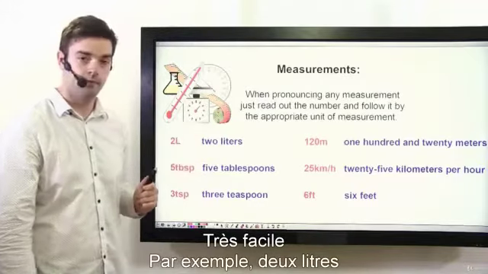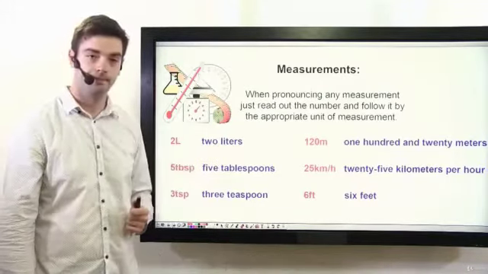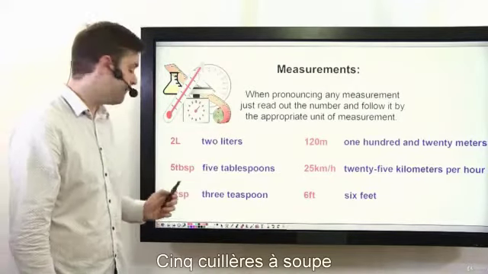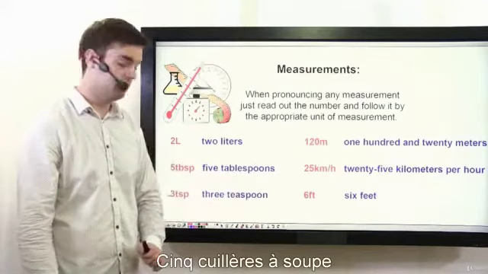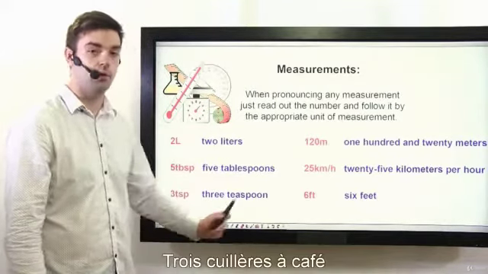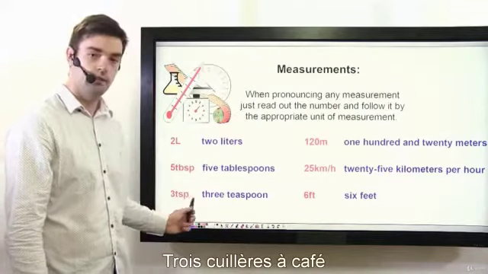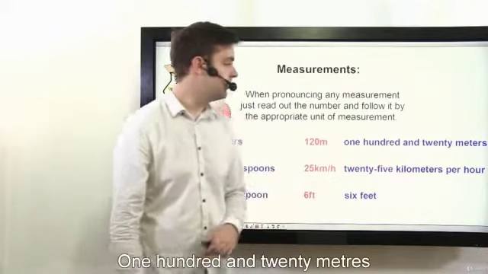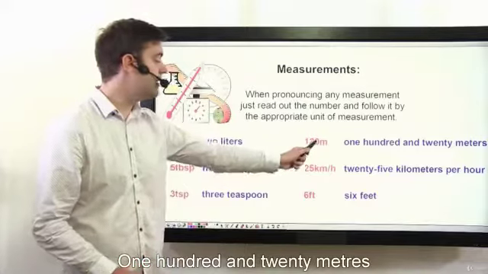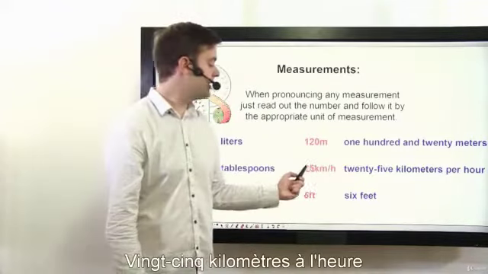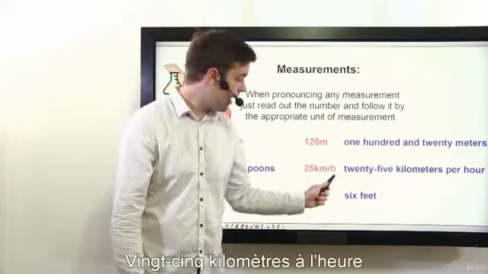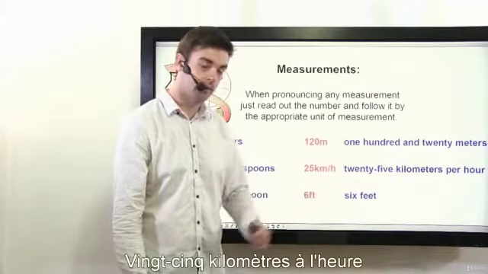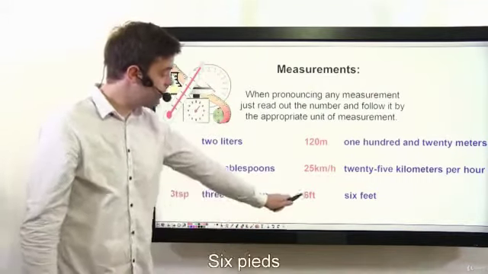For example, 2 liters. 5 tablespoons. 3 teaspoons. 120 meters. 25 kilometers per hour. 6 feet.